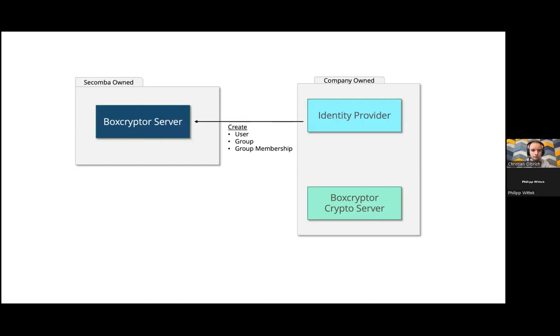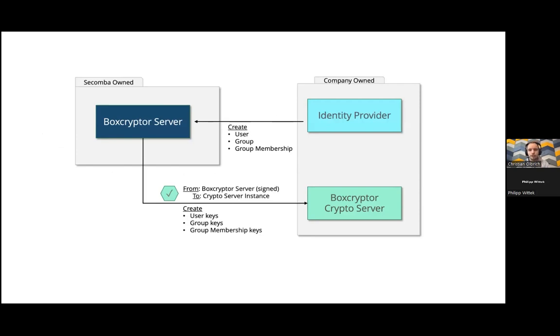The Boxcryptor server can forward that request to the crypto server, and it authenticates itself with a JWT signed by the Boxcryptor server, and of course with the destination of the crypto server instance. And the crypto server can fulfill that request because it can actually create the keys necessary and return the encrypted keys, key sets, to the Boxcryptor server.